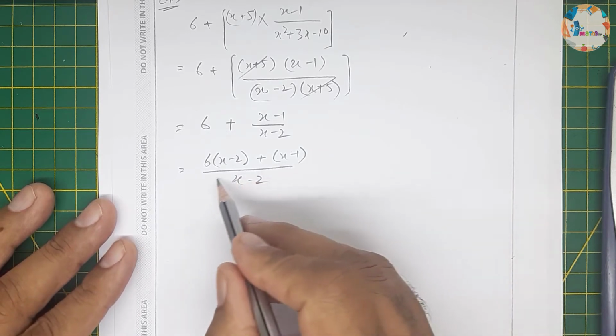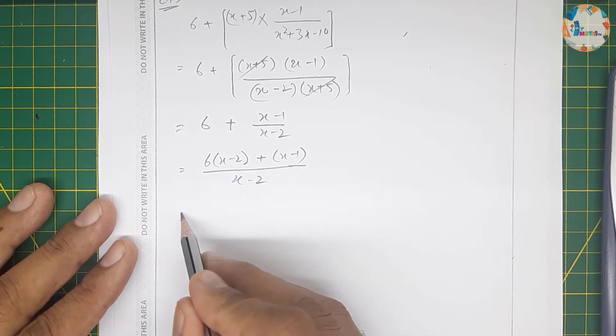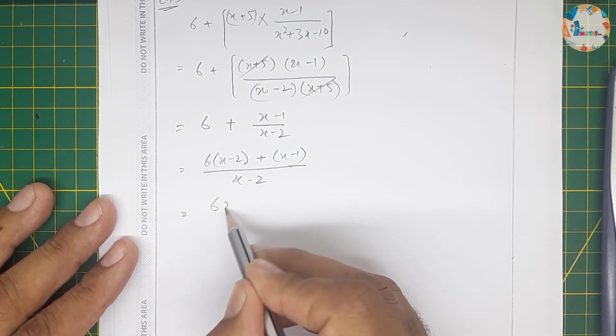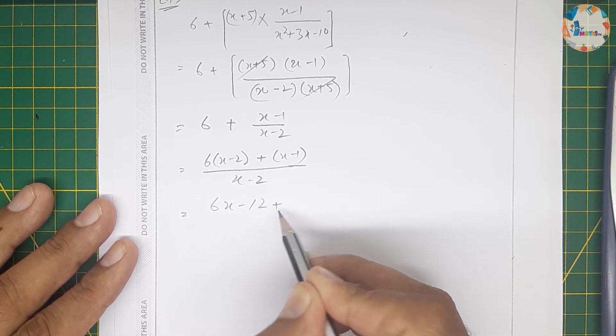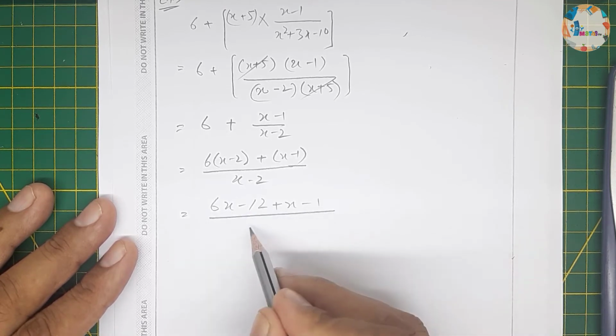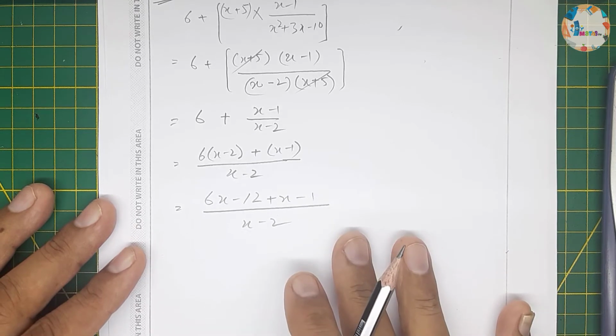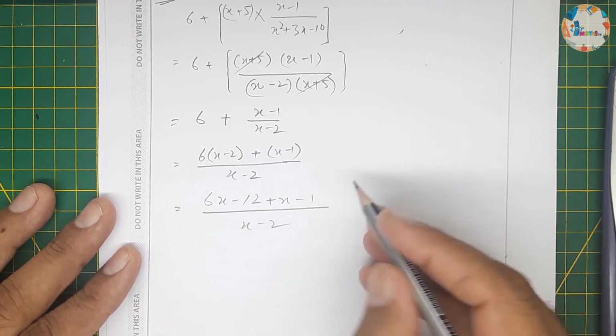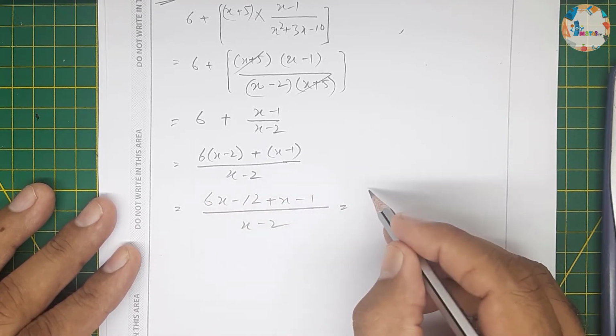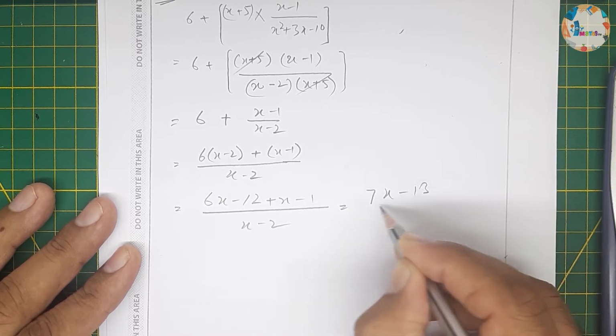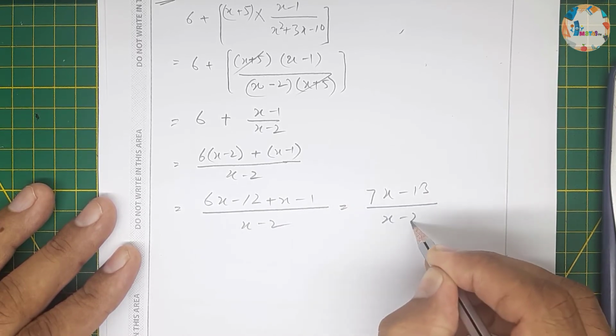Now we can open the brackets, this will be 6x minus 12 plus x minus 1 over x minus 2. Now we can simplify this, this will be 7x minus 13 over x minus 2.